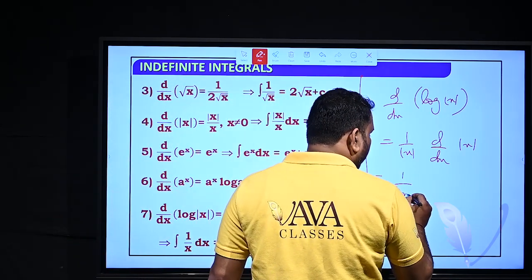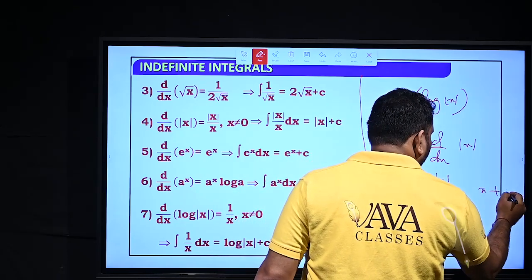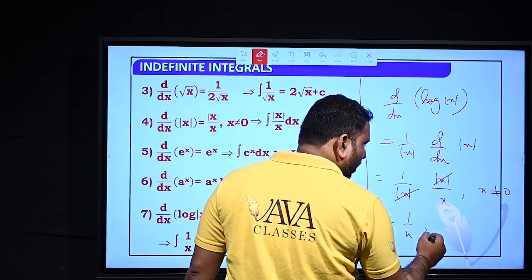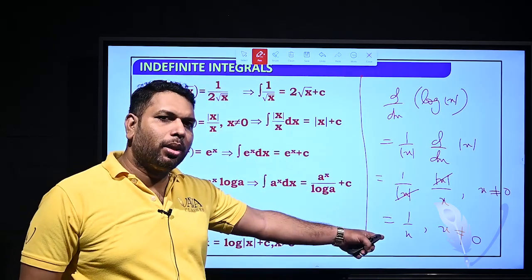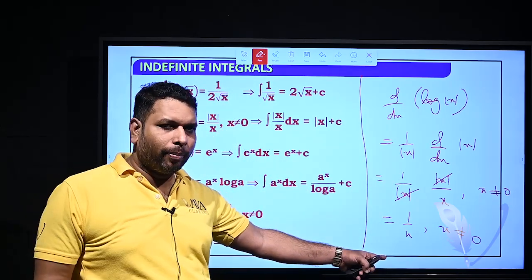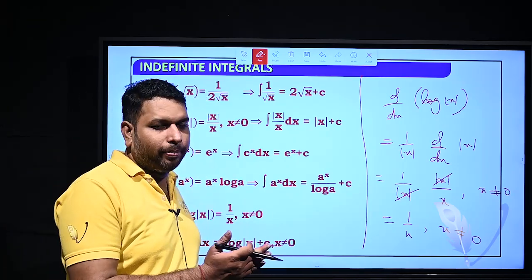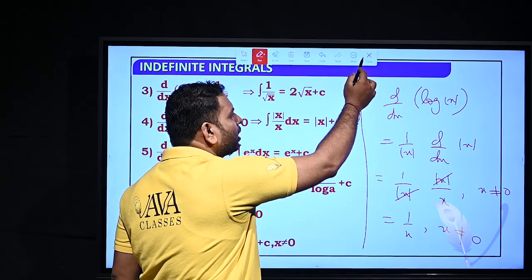So this is 1 by mod x into mod x by x when x is not equal to 0. So mod x cancels, and this is 1 by x. So the derivative of log mod x is 1 by x, whether x is positive or negative. That's why integration of 1 by x dx is log mod x plus c, where c is the constant of integration.